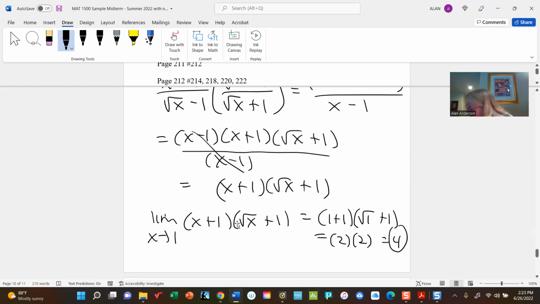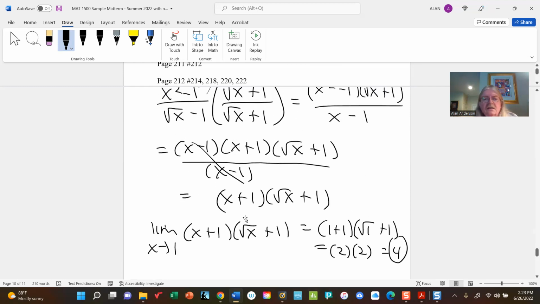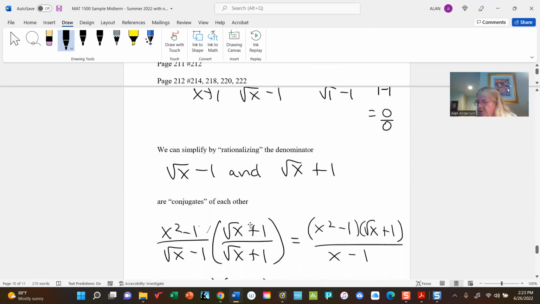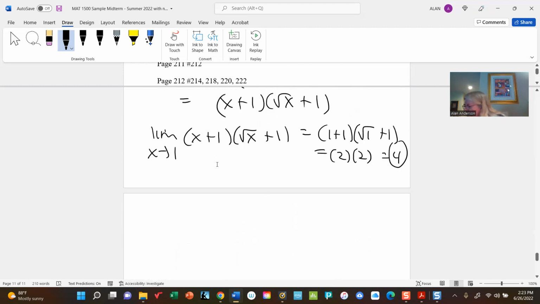Now, what was next? There's another. That was 220. So 222 is a ridiculously simple one. It's amazing how sometimes they're so easy and sometimes they're so hard.